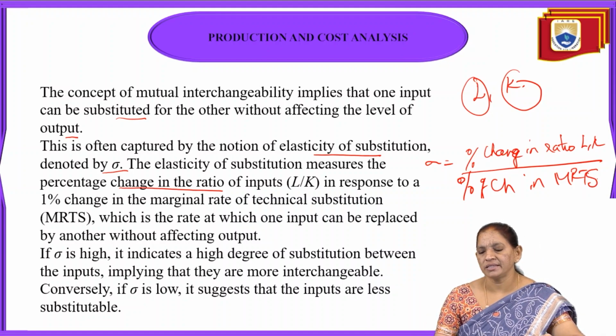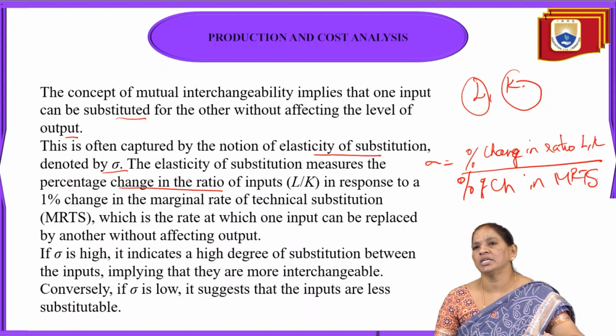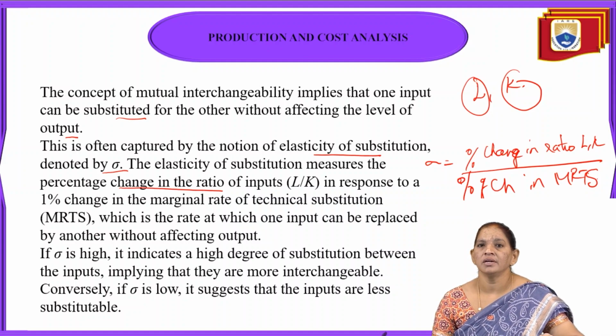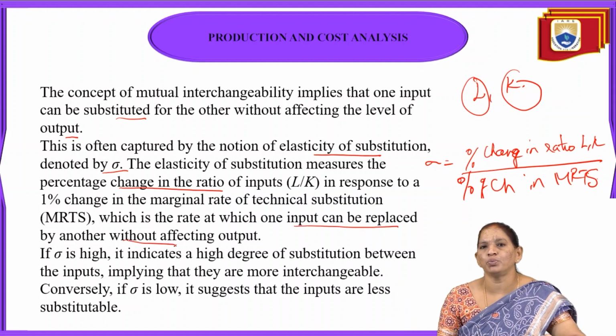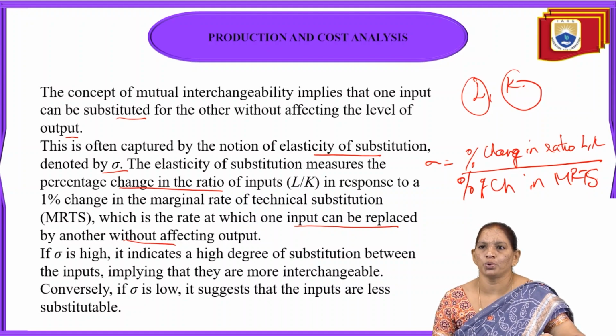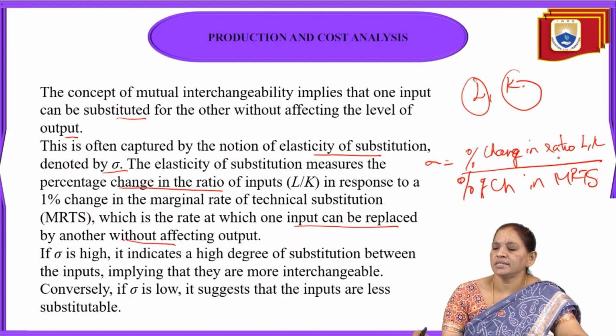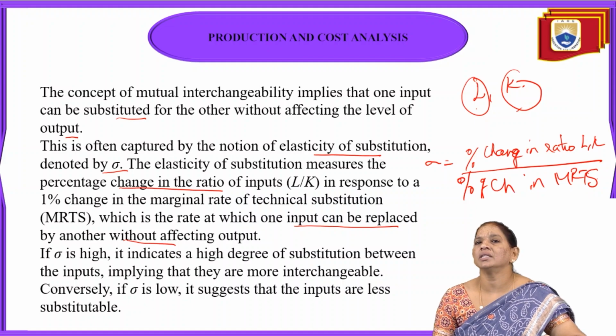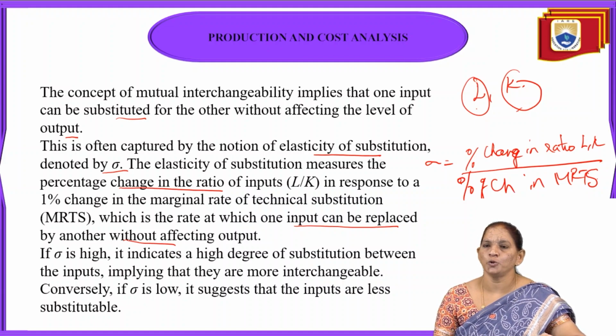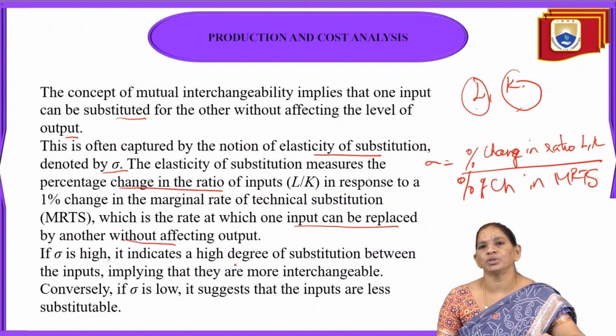This is the rate at which one input can be marginally substituted by another input, which will affect the output. It means what sort of changes take place in labor and capital: substituting more labor for less capital, or less labor for more capital. We can identify what percentage change we get in the marginal rate of technical substitution, which affects the output.